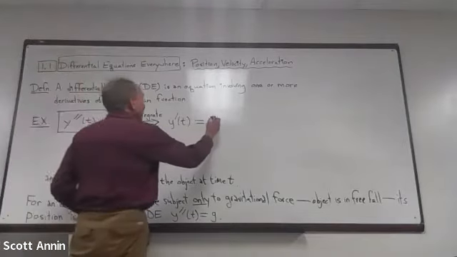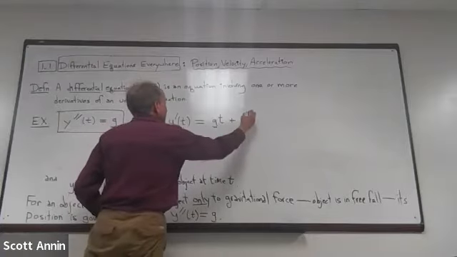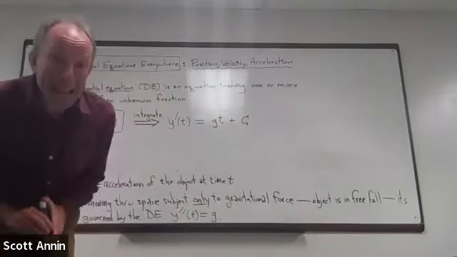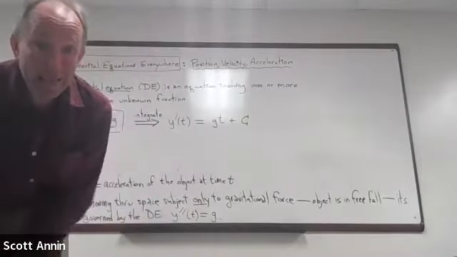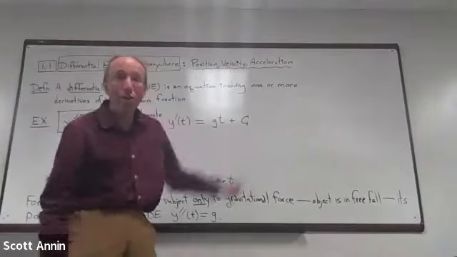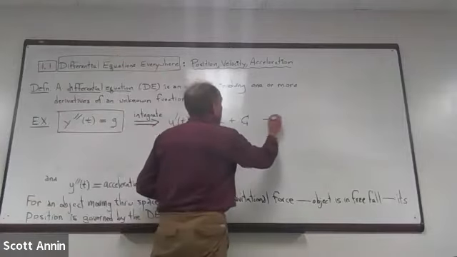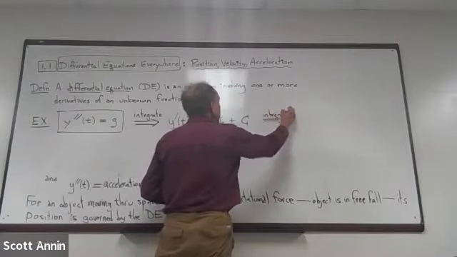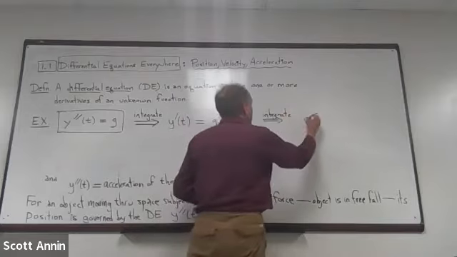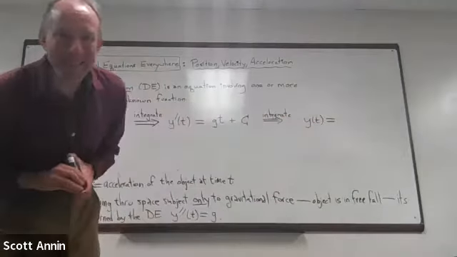And when I integrate a constant, which is g, it's just going to be gt. And then whenever we do these antiderivatives, we're simply going to have to remember to add a constant of integration here. So I'll call that plus c. Okay. And if I want to actually get back to y of t, then I'm going to have to integrate again.